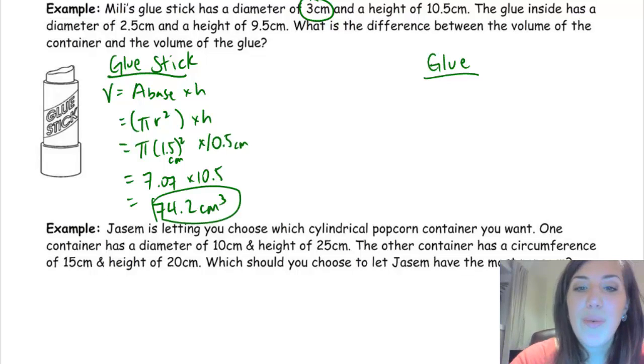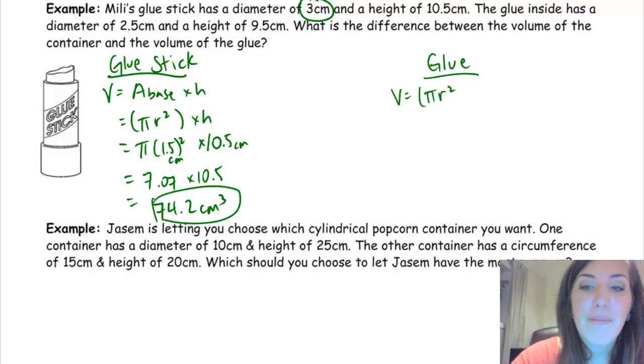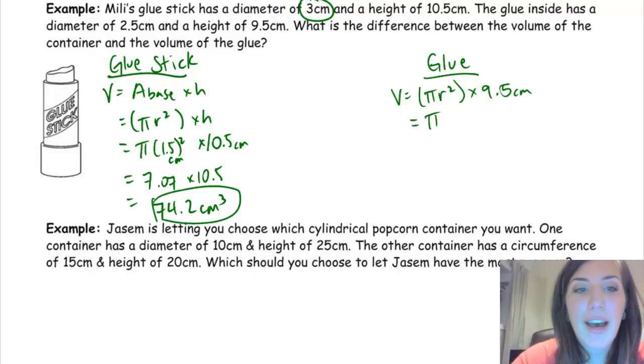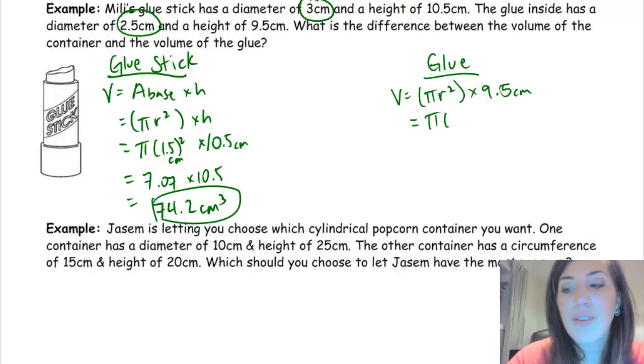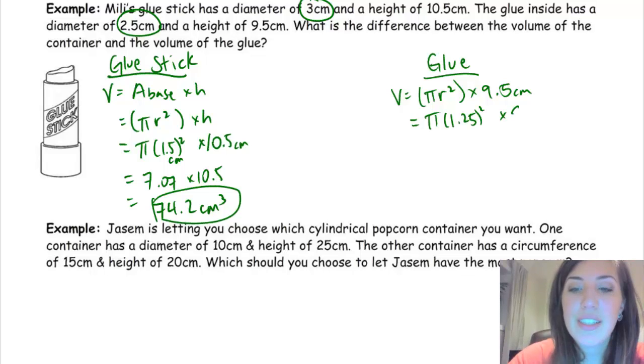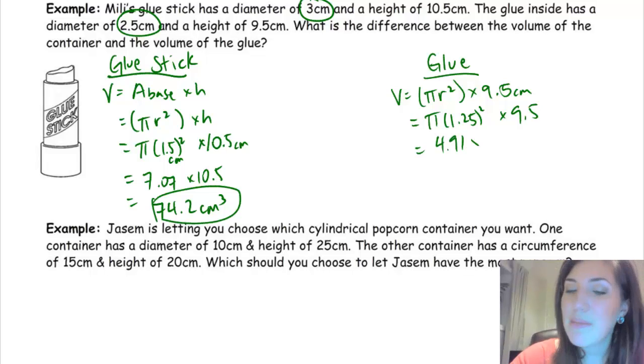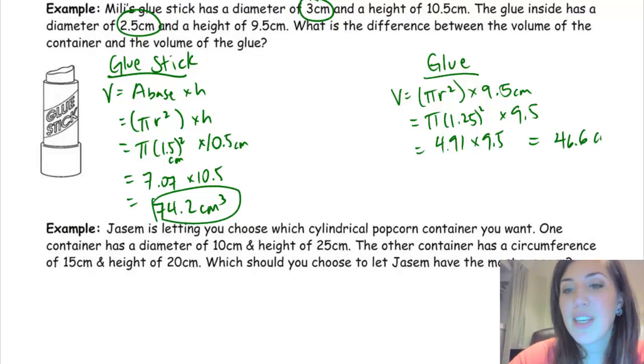And the glue, we know that the volume equals the area of the base times the height. And the area of the base is pi times 2.5 divided by 2, because this is our diameter, divided by 2 to get the radius, gives us 1.25 squared times 9.5, and that gives us 4.91 times 9.5, which gives us a total volume of 46.6 centimeters cubed.